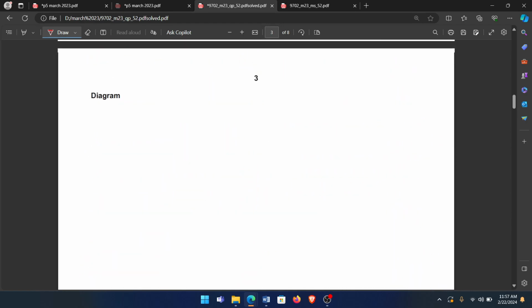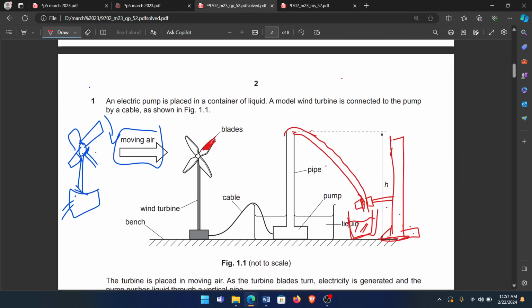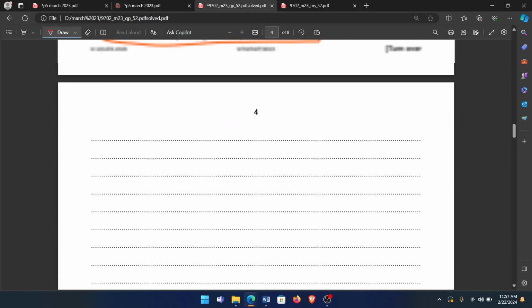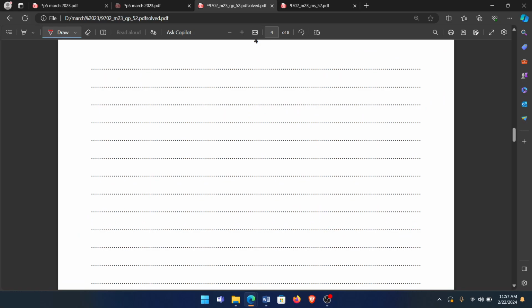When you are counting the number of rotations of the blade, you can color one blade so that you can easily count how many times this blade rotates. So you can add it here.